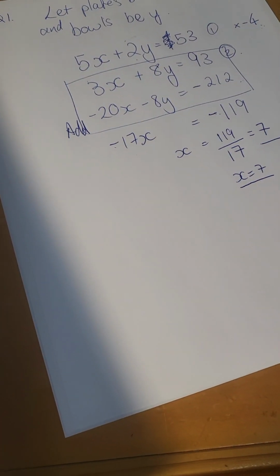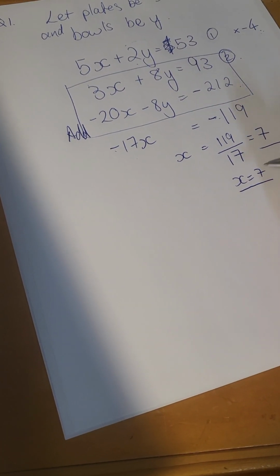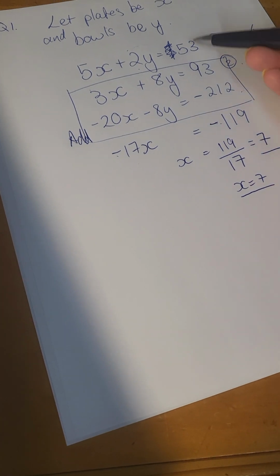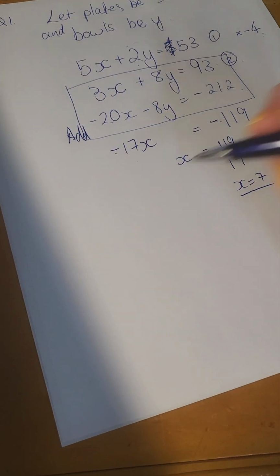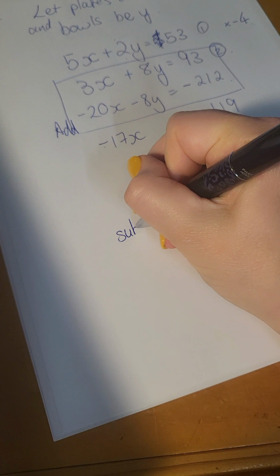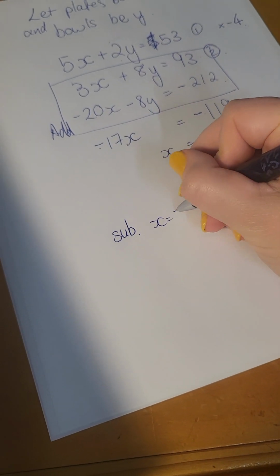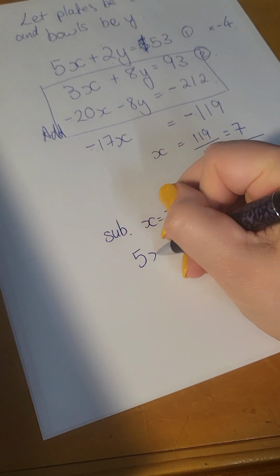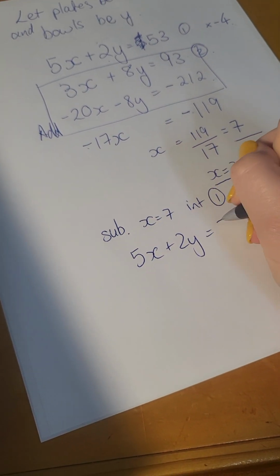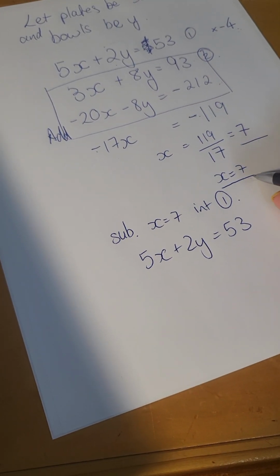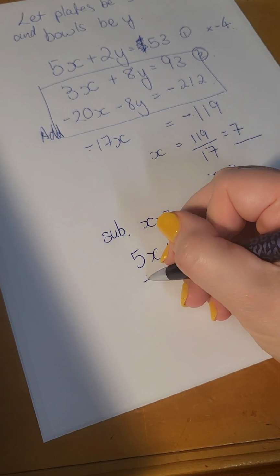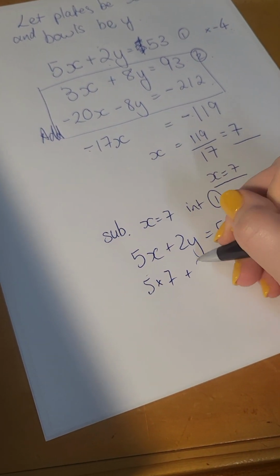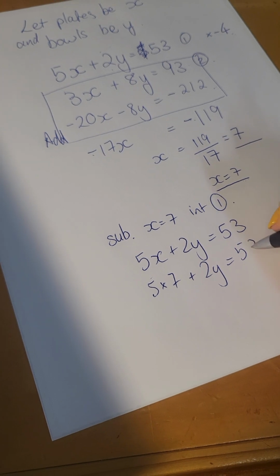We can now come back and solve for y. So we can plug it into either of the 2 equations. So we will substitute x equals 7 into, we'll use equation 1. So we have 5x plus 2y equals 53. And we sub in x equals 7. So we end up with 5 times 7 plus 2y equals 53.